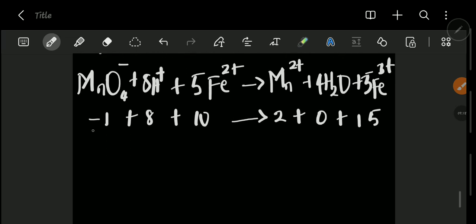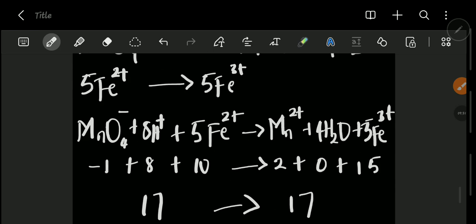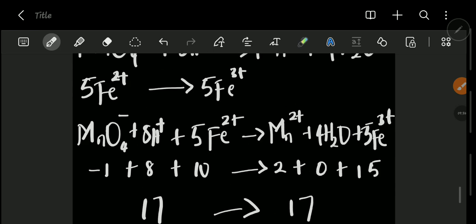So here we have minus 1 plus 8 is 7, and 7 plus 10 is 17. That's everything on the left, right? And then for this side, I'm having 2 plus 15 giving me 17. So the equation is balanced. The charges are as well balanced. So this is the balanced equation.